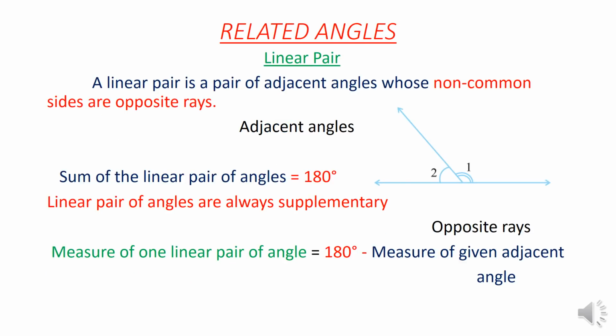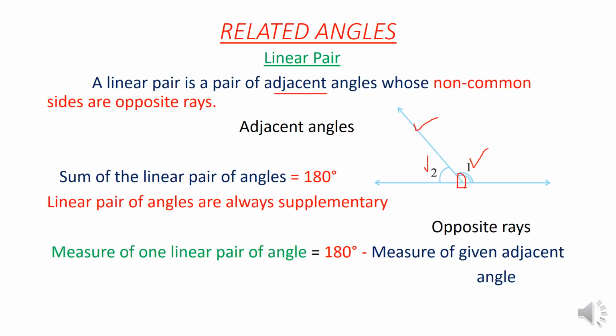Let us see the next part. Among related angles, another one is the linear pair of angles. A linear pair is a pair of adjacent angles whose non-common sides are opposite rays. The first condition is that the linear pair of angles are adjacent angles. Here you can see angle 2 and angle 1 are adjacent angles because they have a common vertex and a common arm.